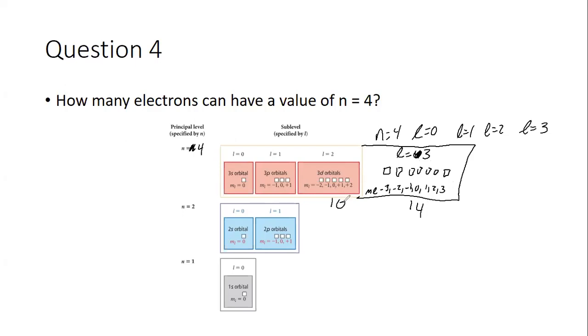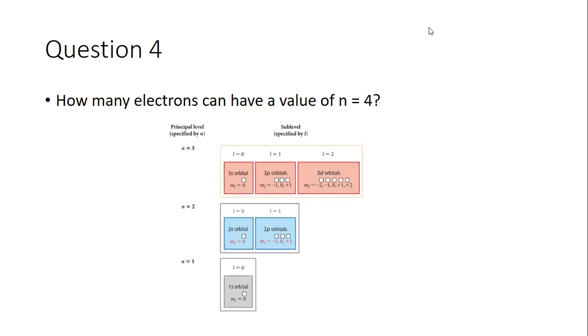L equals 2 has 10 electrons. L equals 1 has 6, and L equals 0 has 2. So in total, 10 plus 14 is 24, plus 6 is 30, plus 2 is 32 electrons. So at n equals 4, we can have 32 electrons.